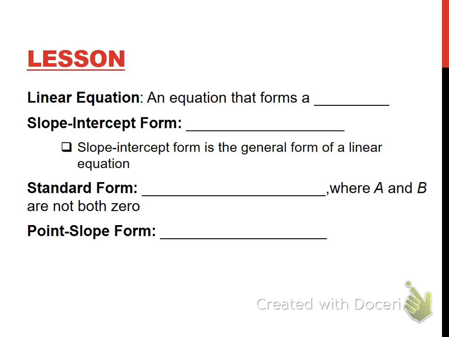Again, more algebra review. A linear equation is an equation that forms a line. It's kind of in the name. Slope-intercept form is? Good. Y equals mx plus b. Slope-intercept form is the general form of a linear equation, meaning that's what we use and see most often.